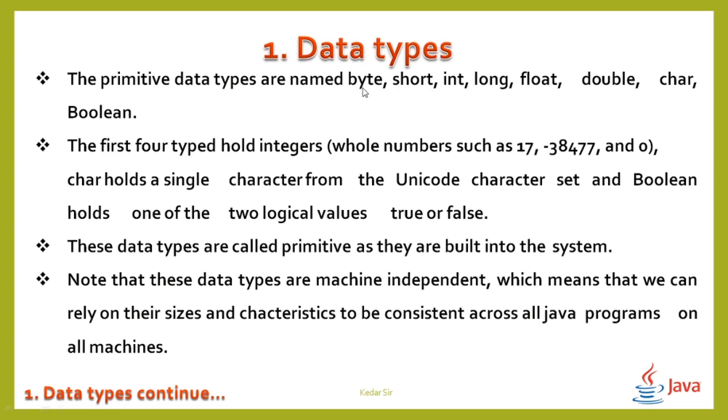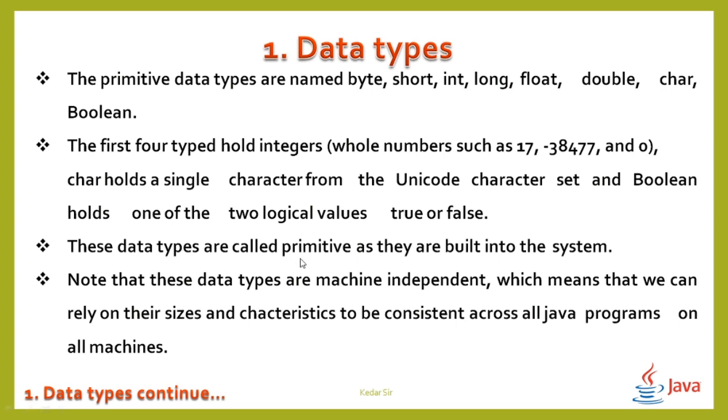Byte, short, int and long are the 4 types of integers. After that, float and double hold real numbers, floating point numbers. The char type holds single characters from the Unicode character set, and the boolean holds one of the two logical values, true or false.